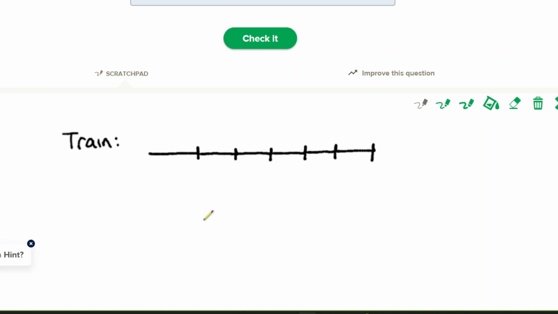So here are the cars, and they said that each of these cars is 18 meters long. So that's 18 meters, 18 meters, 18 meters, 18 meters, 18 meters, and 18 meters. And then you have this caboose. Typical classic looking train, the caboose is red. You have this caboose that's 10 meters long.